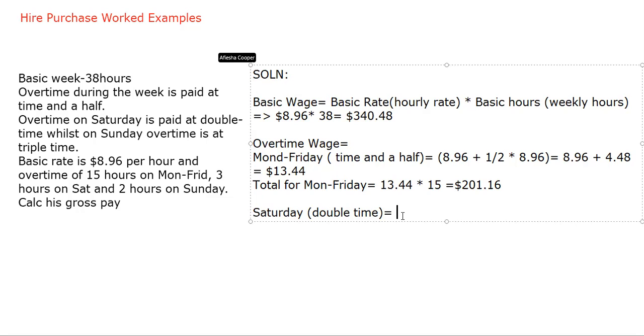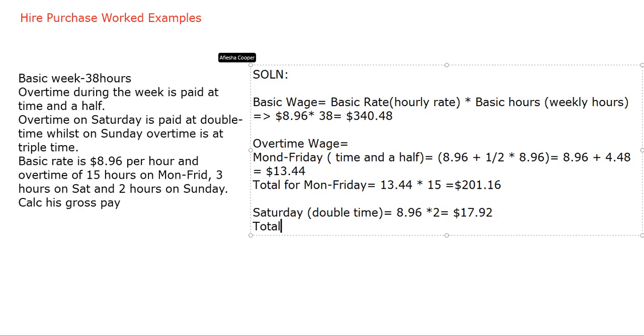So that would be 8.96 multiplied by 2 because it's double. And that gives me 17.92. And that's it there for my 1 hour of overtime on a Saturday.